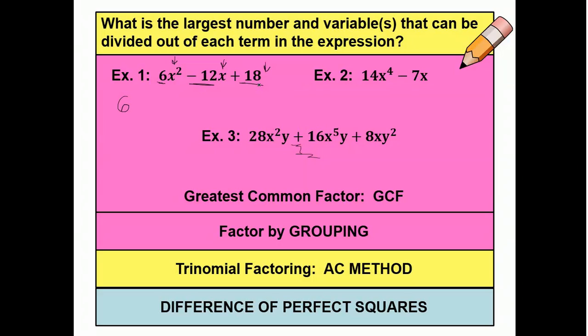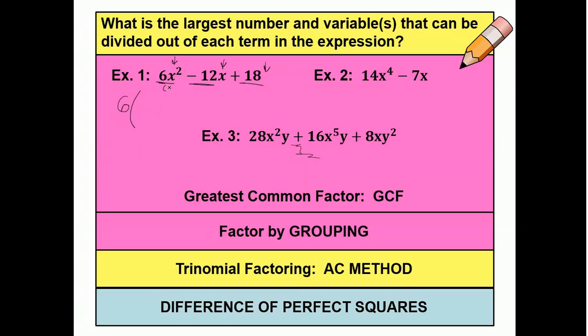How many x's can I take out of every single one of them? The 18 has no x's to give, so I can't take out any x's from this expression. So I'm only going to divide out 6.